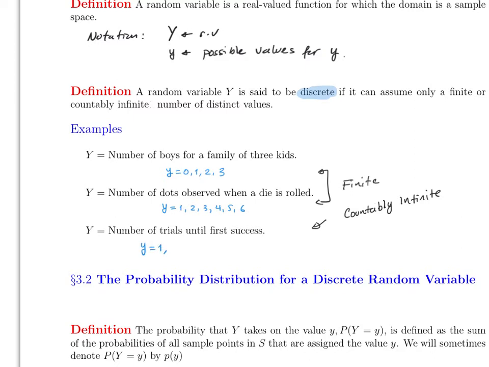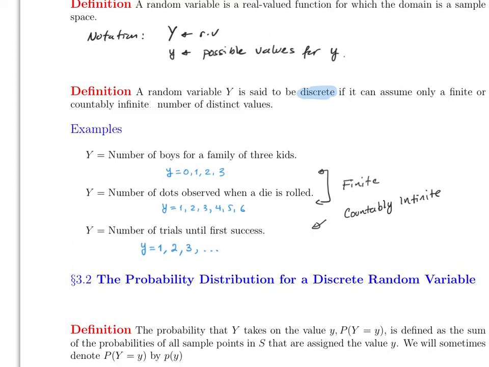Or you failed the first time and were successful the second time. Or failed the first time, failed the second time, and were successful the third time, and so forth. So this will keep going forever, so that's why it's countably infinite.